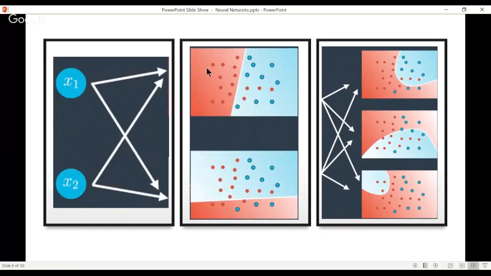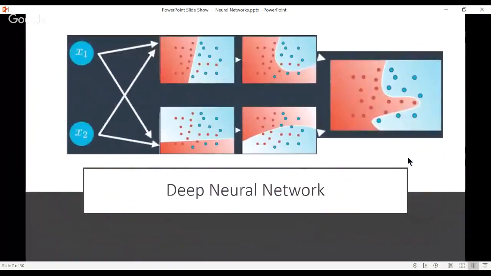Again, you make a linear combination of x1 and x2, another combination, and then make three different linear combinations of each of these two nodes. If you have multiple layers, first layer linear, second layer curve, and if you have more layers, it gives an even more complicated decision boundary, as you can see here.